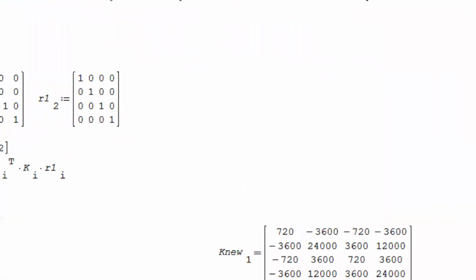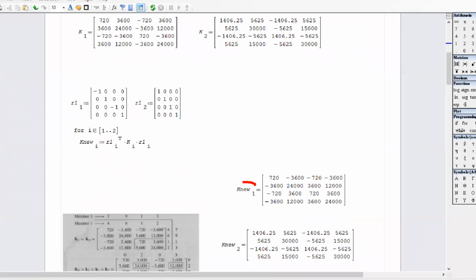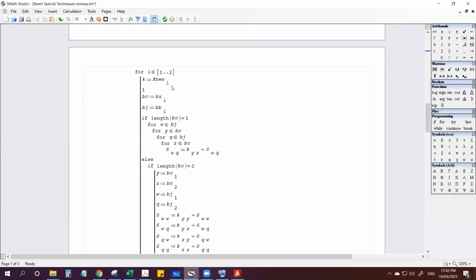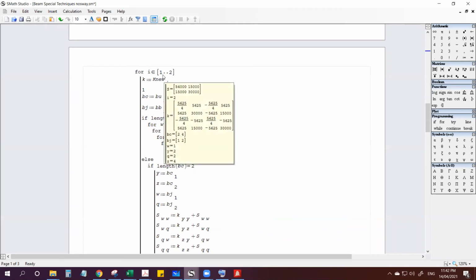But on K1 and K nu 1, the changes are on the sign, right? Okay, positive, negative. Okay, and same code for generating S.